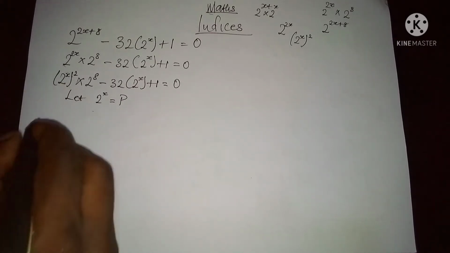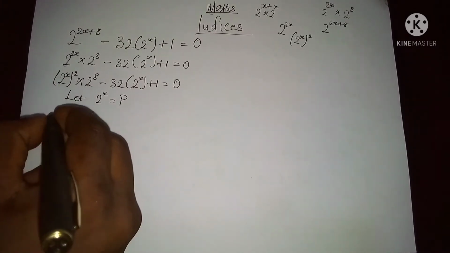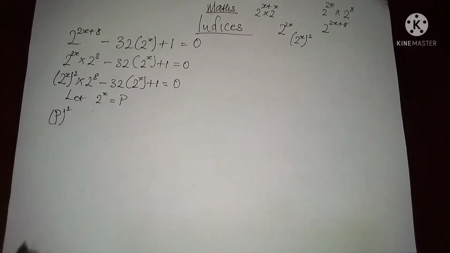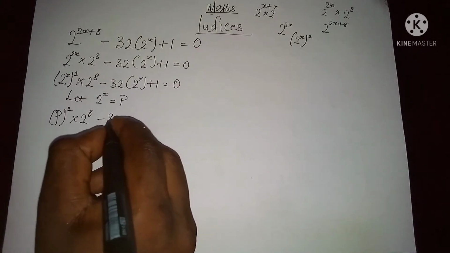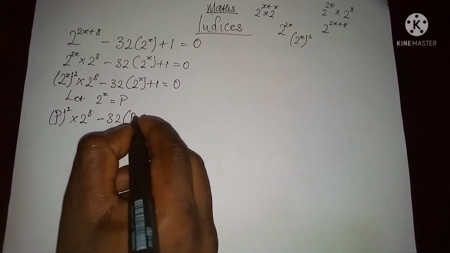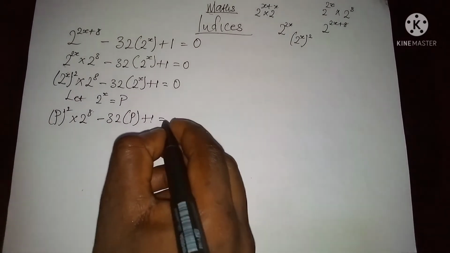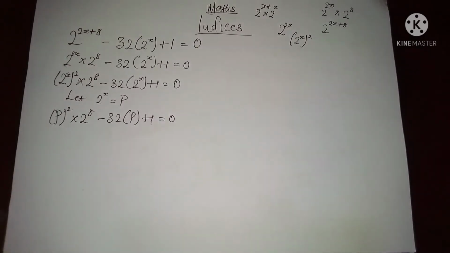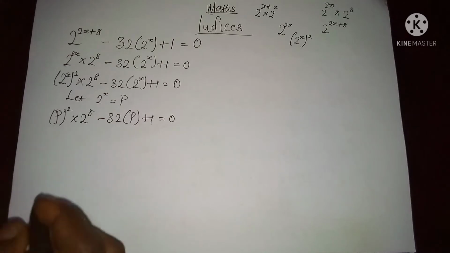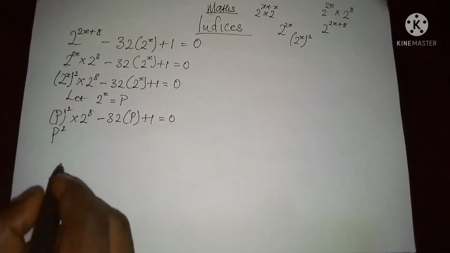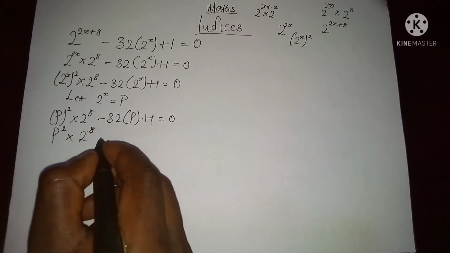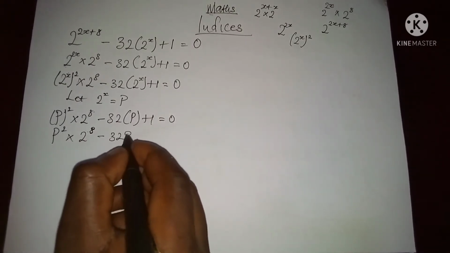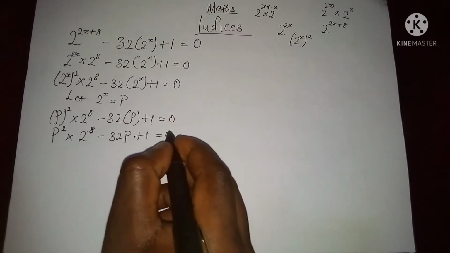Now in this case, I have p squared times 2 to the power of 8 minus 32 in brackets p plus 1 equal to 0. Right? So now I'm going to take out the brackets. I have p squared times 2 to the power of 8 minus 32p plus 1 is equal to 0.